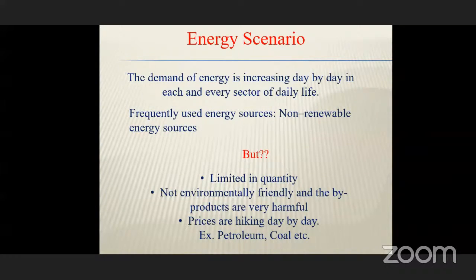As we all know, energy consumption is essential for the progress of our civilization, and therefore the main problem is how we produce energy. There are two types of energy resources, renewable and non-renewable.